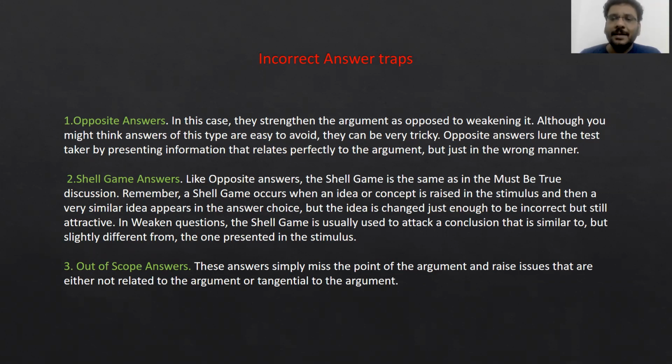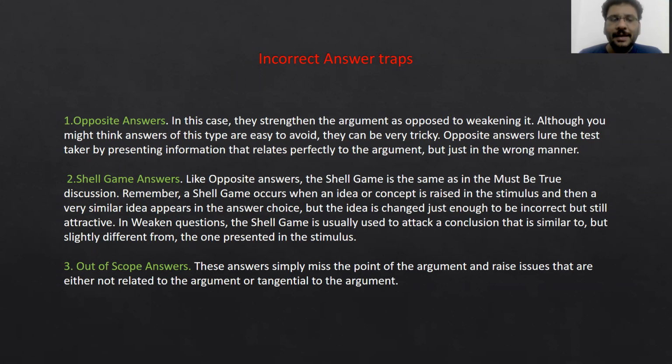Basically, the option will have some information which is taken from the passage or from the argument. So you need to be very careful. We are not choosing an option which has a similar piece of information. We are looking for an option which undermines the line of reasoning of the author. So that's the second important thing which you need to keep in mind.